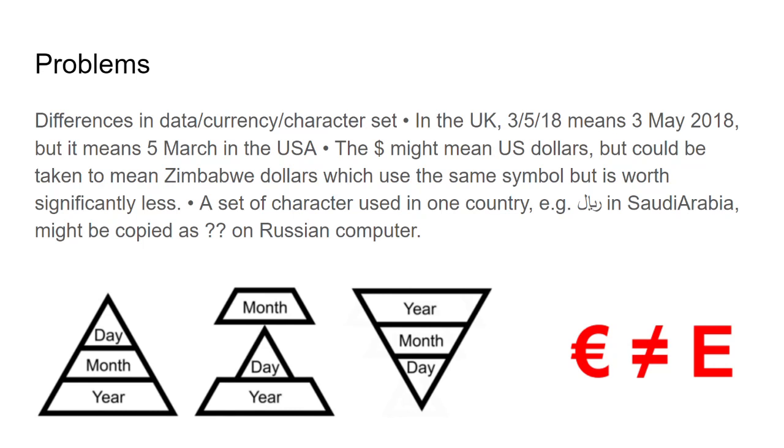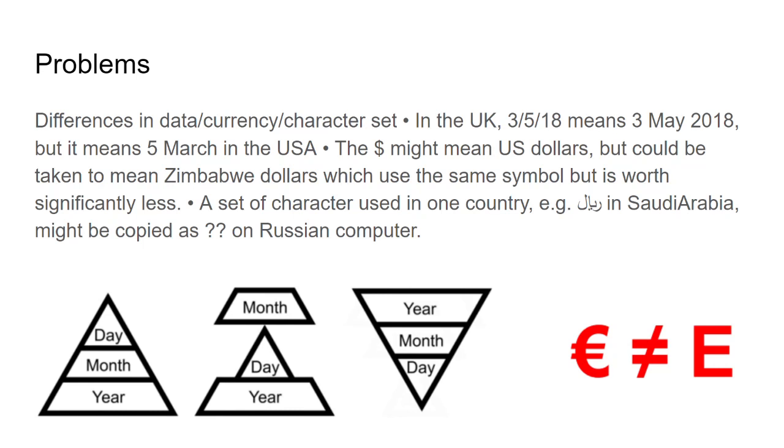Some other things might be like character sets. Not all languages use the Latin alphabet. Some languages use the Arabic alphabet. Then you have the Russian alphabet. So there will be some problems in the data, like the reading of the data. How will it be displayed on a Russian computer, because Russian uses a different character set.